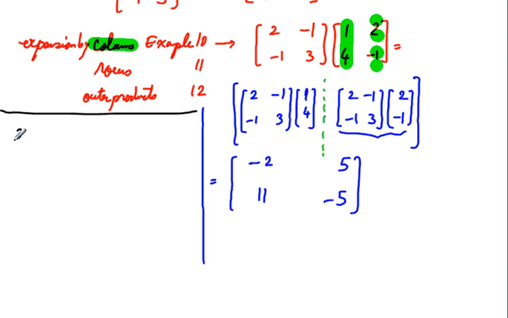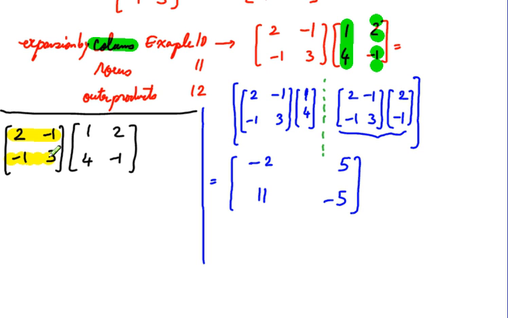So we get 2 minus 1 minus 1, 3, and then again we are multiplying with 1, 2, 4 minus 1. The view now is that I am going to chop up my first matrix as a bunch of rows, multiply each of these rows with this entire matrix, and perform my operation in that style.